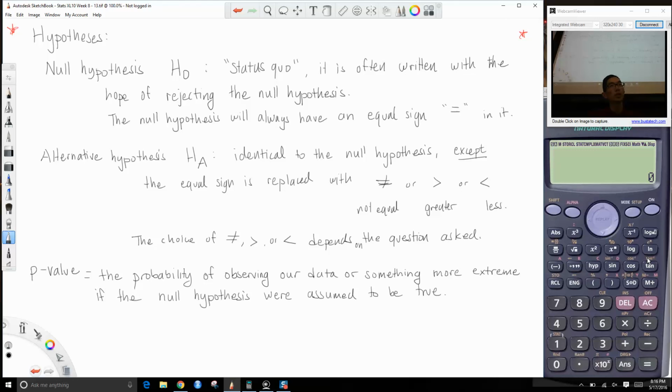We've only seen one example so far, but I hope as we see more examples it'll make more sense. The question will ask something like, is this evidence of something, and the way that question is written will determine whether your alternative hypothesis should use the not equal sign, greater than, or less than sign, which will have an impact on how we calculate the rest of the steps.